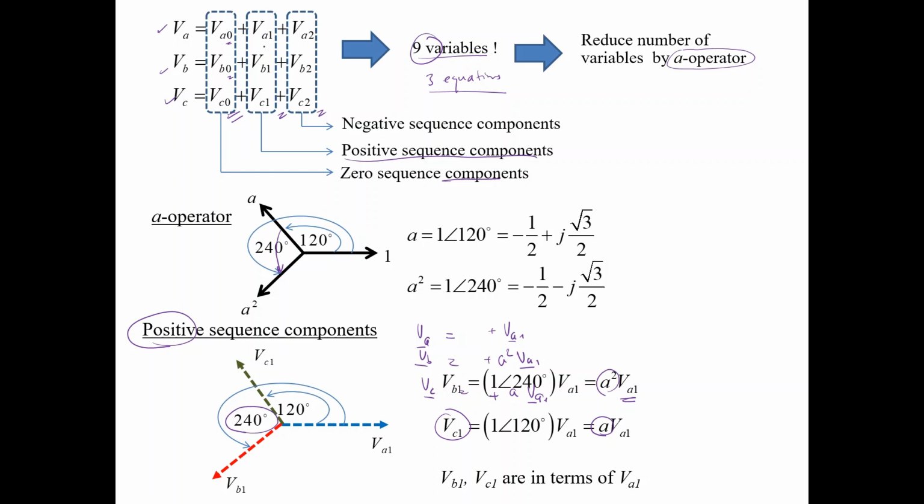Now you have reduced the number of variables from VA1, VB1, VC1 to just VA1. You can have just one variable in this column. Is it okay?